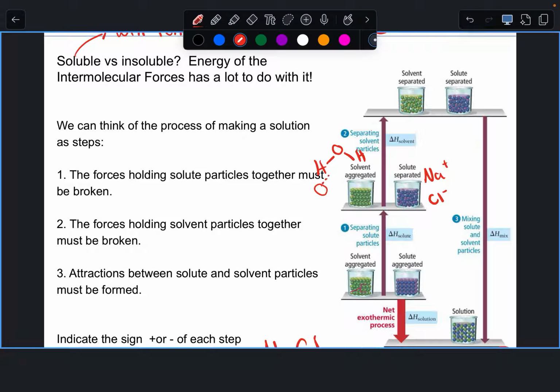Water is going to interact with its positive side interacting with its negative side through hydrogen bonding. So that's a relatively strong force holding those water molecules together. And we have to separate those because we need a spot to stick the sodium ion or the chlorine ion into.